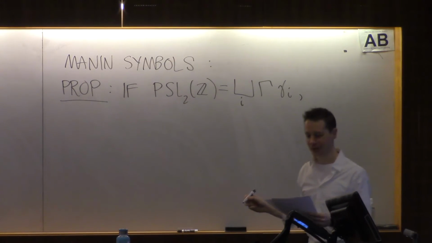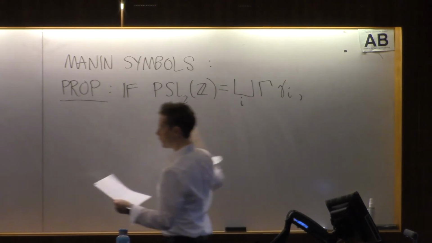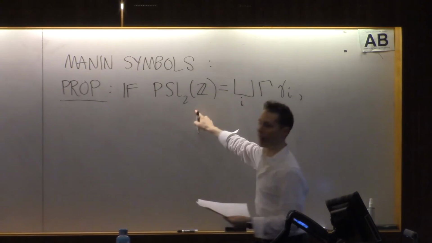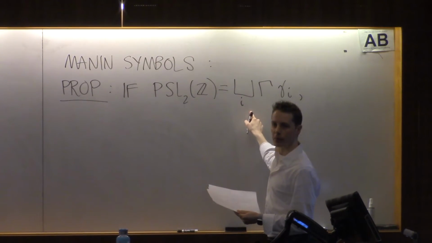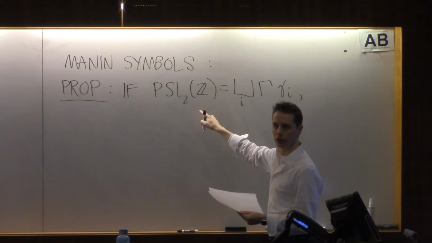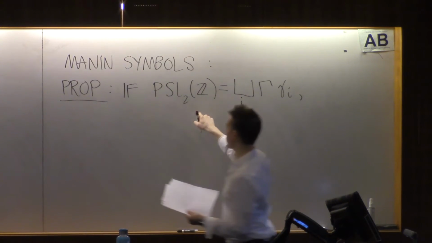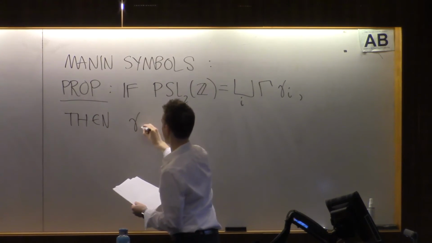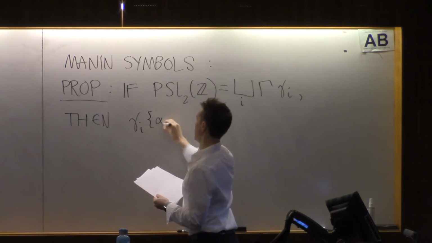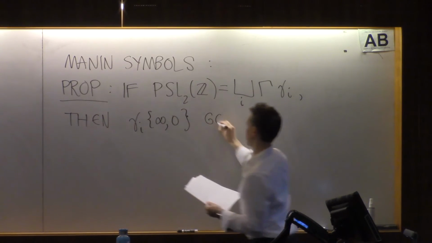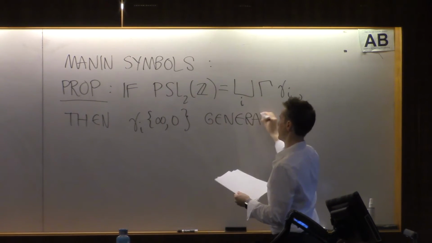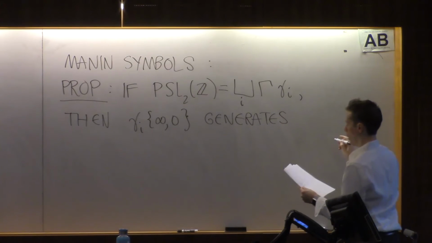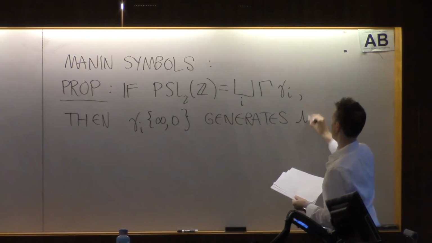They're right cosets, left. Okay, so if you write it like this, gamma is of finite index, so there will be exactly as many of these cosets as the index of the group. Then what's the generalization? The answer is that the gamma_i applied to infinity 0 generate M2 of gamma.